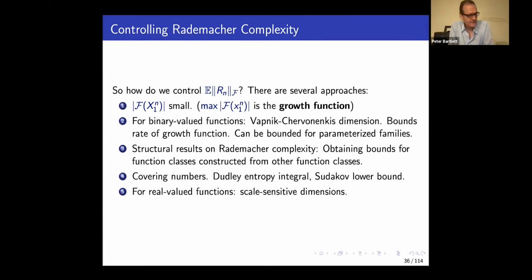The function f is continuous or convex, and these x_i's are bounded and sub-Gaussian. Okay, so we'll say a little bit later on about sub-Gaussian random variables and concentration of sub-Gaussian random variables.